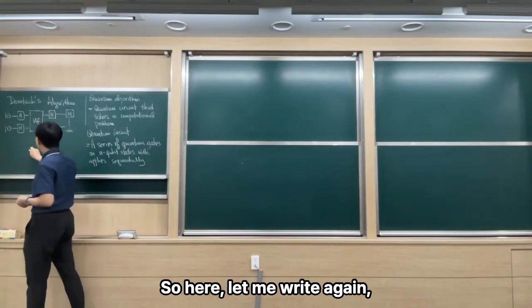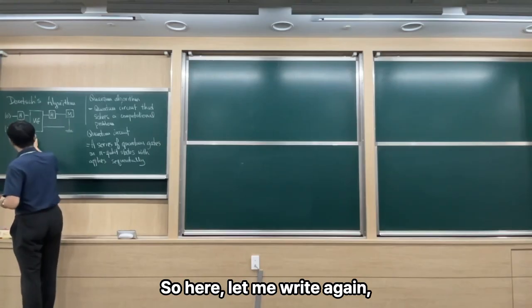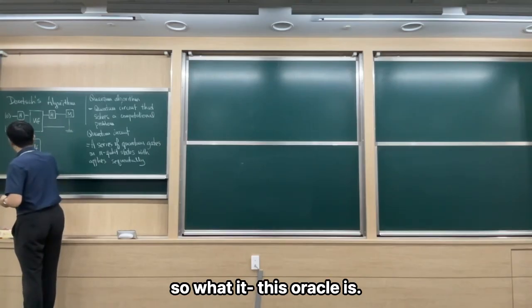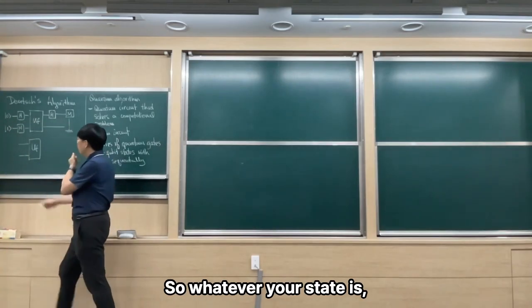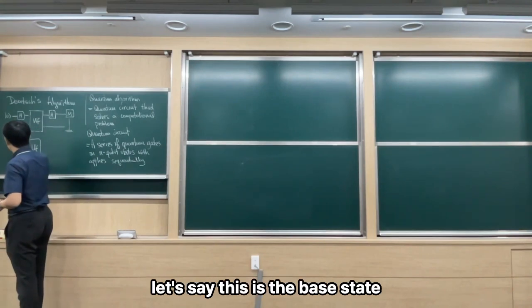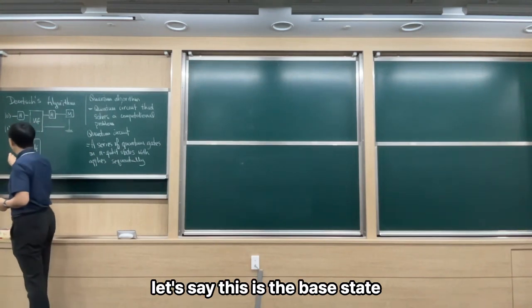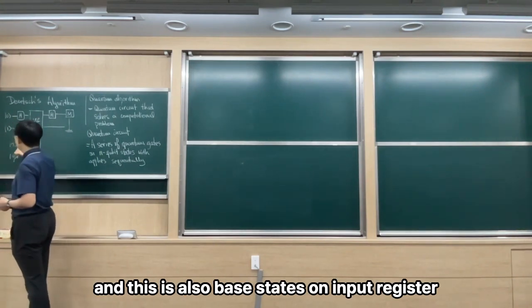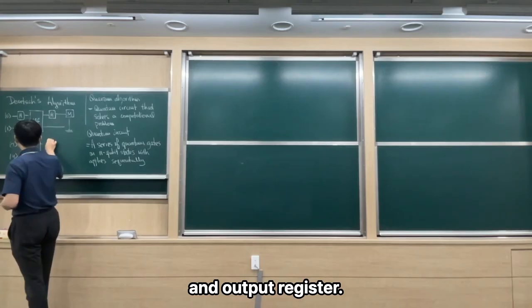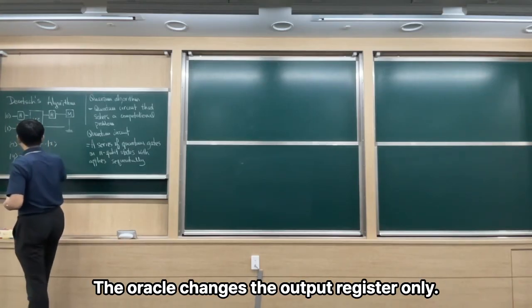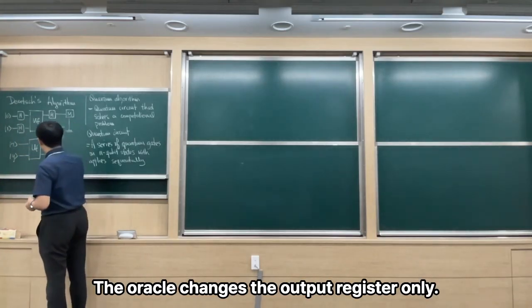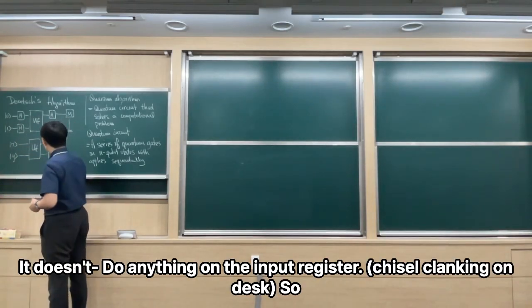So here, let me write again what this oracle is. Whatever your state is, let's say this is the base state, and this is also a base state on the input register and output register. The oracle changes the output register only. It doesn't do anything on the input register.